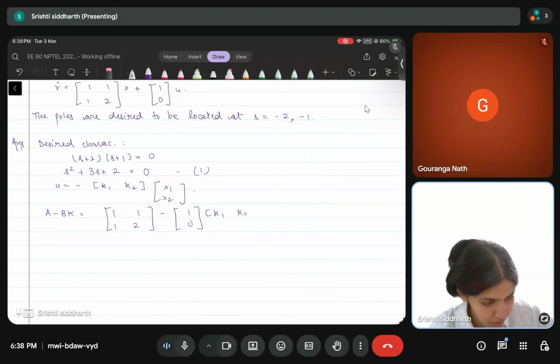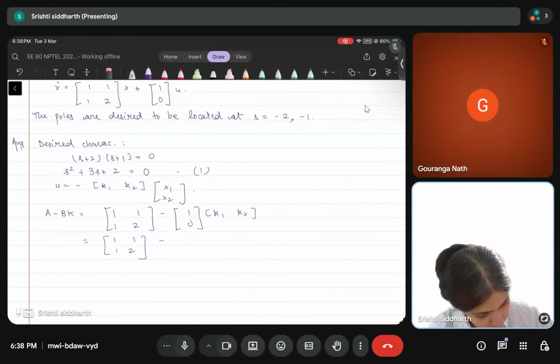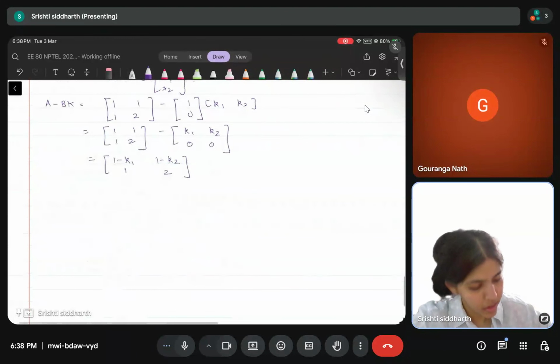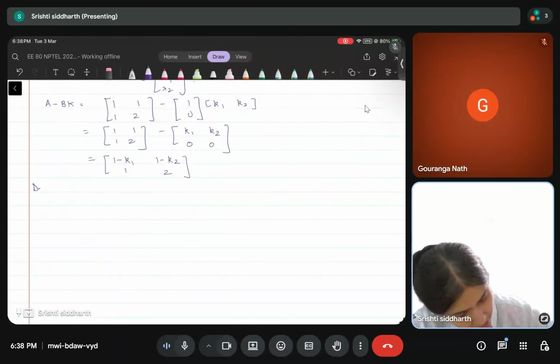In this case, K1, K2 is going to be on the first row, so this [1, 1; 1, 2]. Then we compute the characteristic equation of the closed loop system.